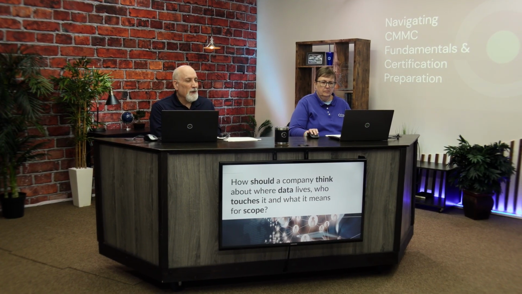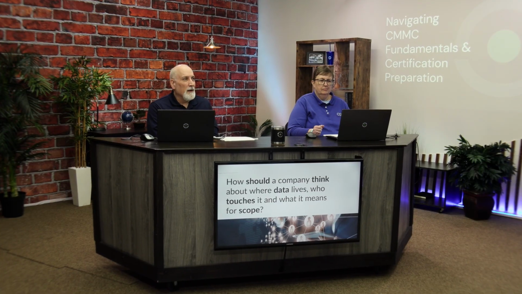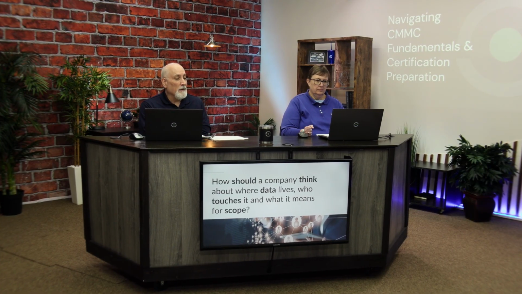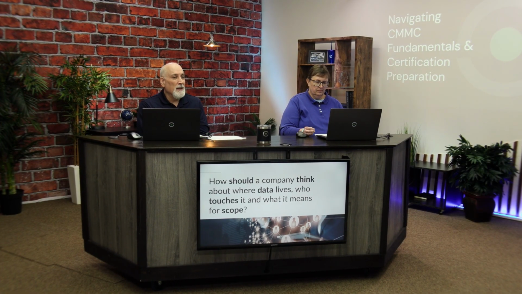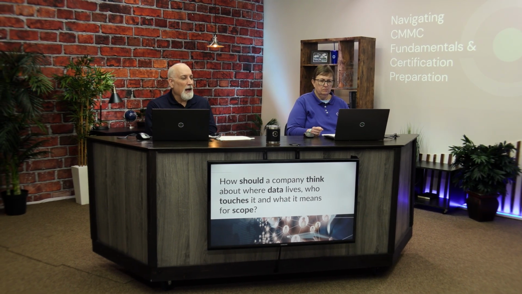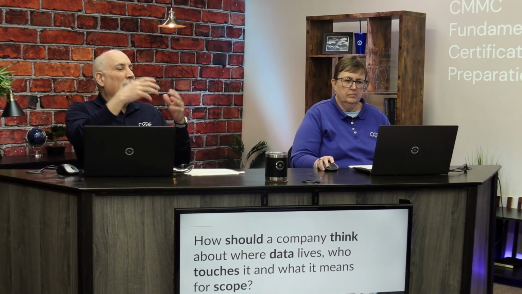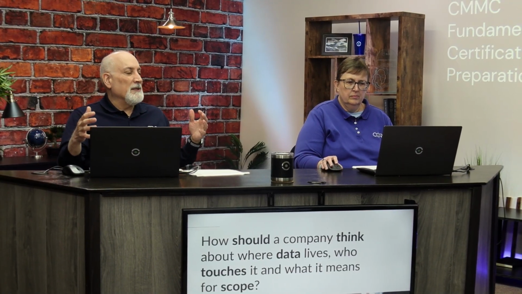So the scope includes the people, the systems, the facilities, the locations, where this data exists, and where that data is accessed from. All of that then falls under the umbrella of this certification.